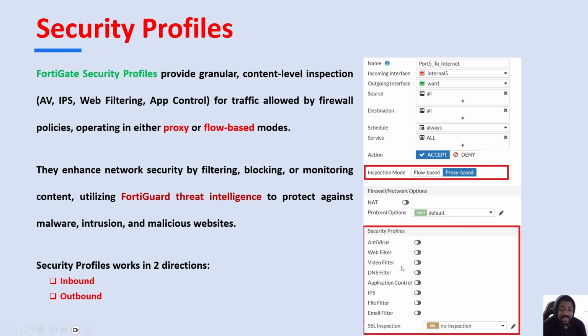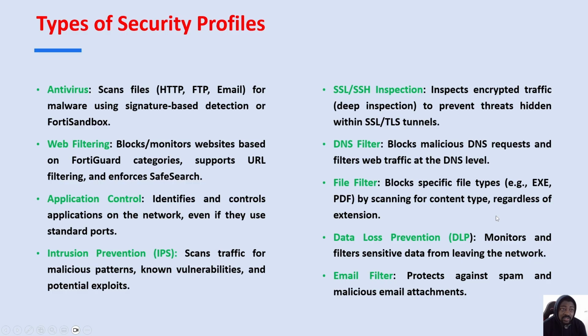So you need to pay attention to that when you are creating firewall policies. Also, what you need to understand here is that the granularity of the inspection that will be done depends on the SSL inspection method that you select here. So here are some types of security profile that are available on the FortiGate firewall.